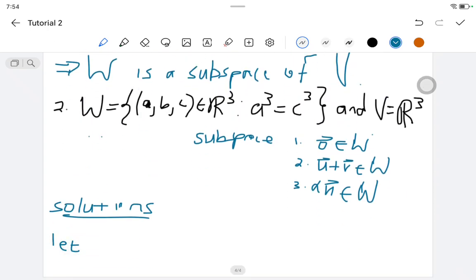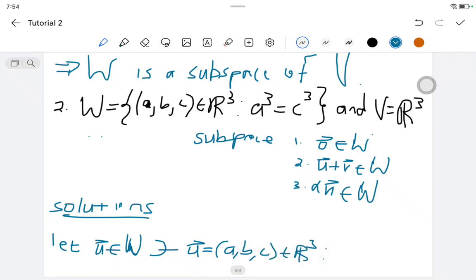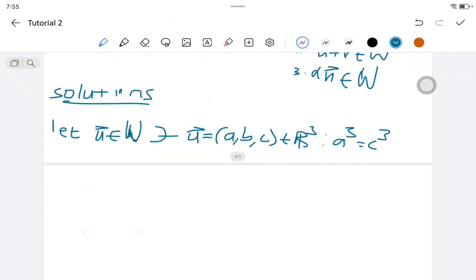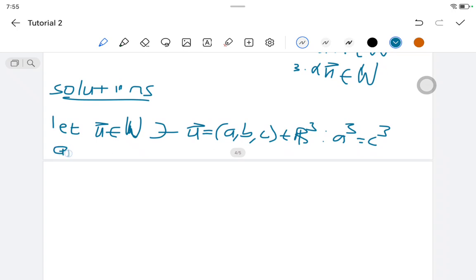First we need to let u be an element of W such that u is equal to (a, b, c), an element of R3 such that a cubed is equal to c cubed, and we take some zero vector to be equal to, say, (e1, e2, e3), which is an element of R3.